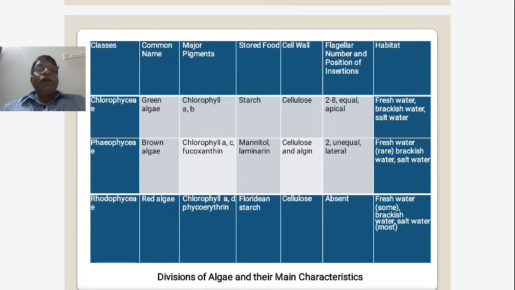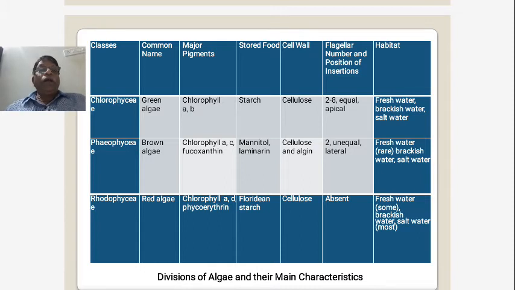Next, the reserve food material of this class is stored in the form of starch. So starch is the reserve food in the members of the class Chlorophyceae.